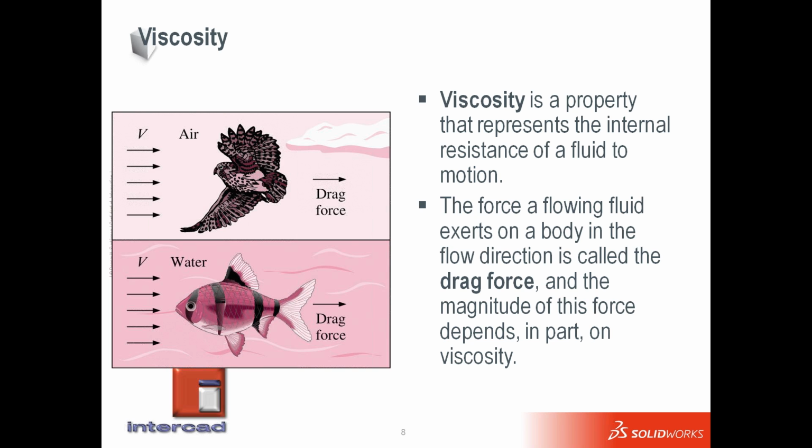Because of this, the force a flowing fluid exerts on a body in the flow direction is called drag force, and the magnitude of this force is simply dependent on the viscosity. For instance, as you can see in the picture, if an object is moving through air, we have less drag force compared to an object trying to move in water.